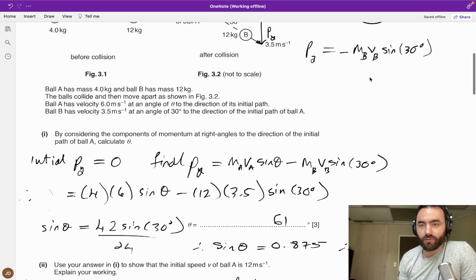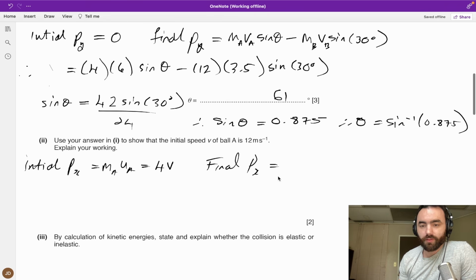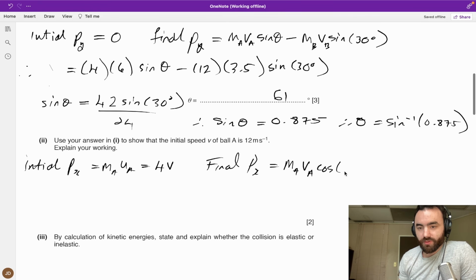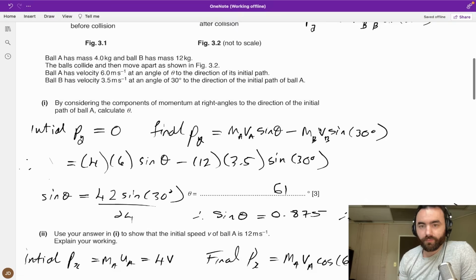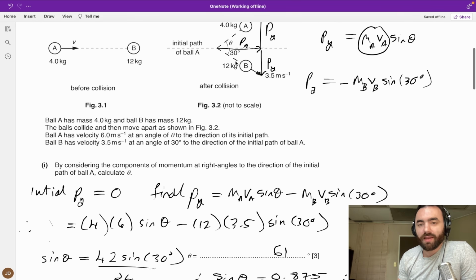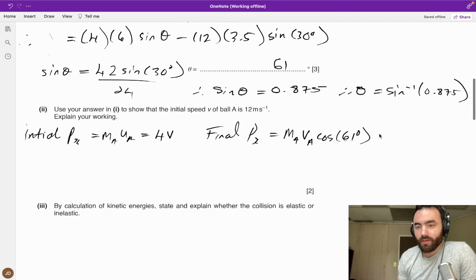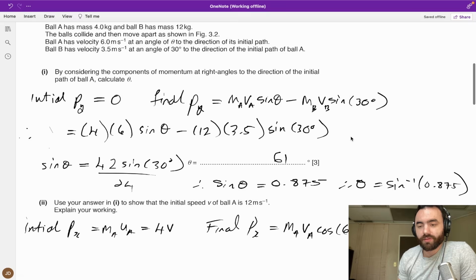So it would be the mass of A times the velocity of A times cos of theta, which we know is 61. And the second one is now going to be plus instead of minus, because the x components of these A and B momentums are acting in the same direction. Here, one was acting up and one was acting down. In this case, they're both acting to the right, so they're both positive. Plus the mass of B, velocity of B, cos of 30 degrees.